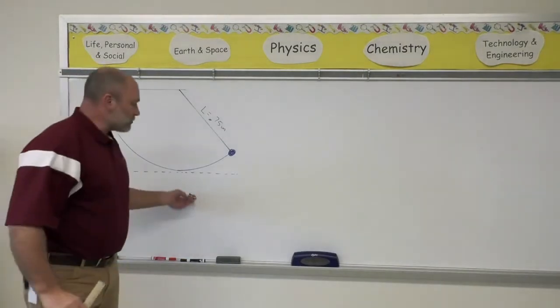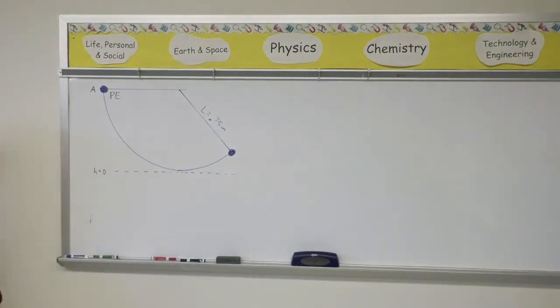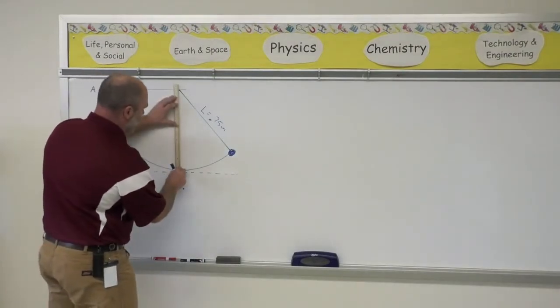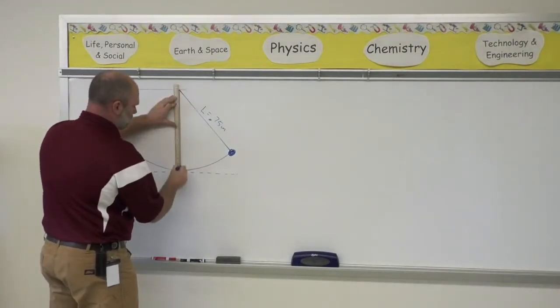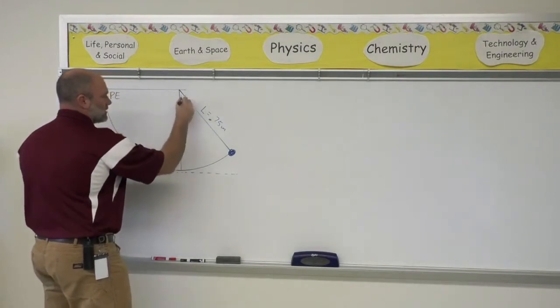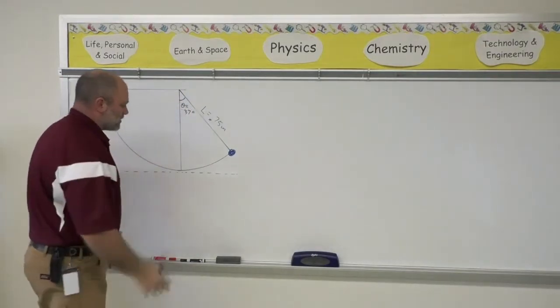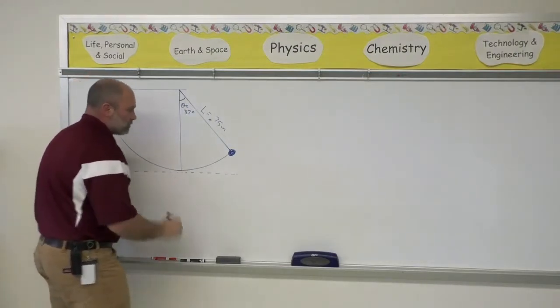In the second part of this problem, we'd like to find out how fast it's going as it swings up to a higher height. I believe we're told this angle is 37 degrees. And so it's not at the lowest point anymore.